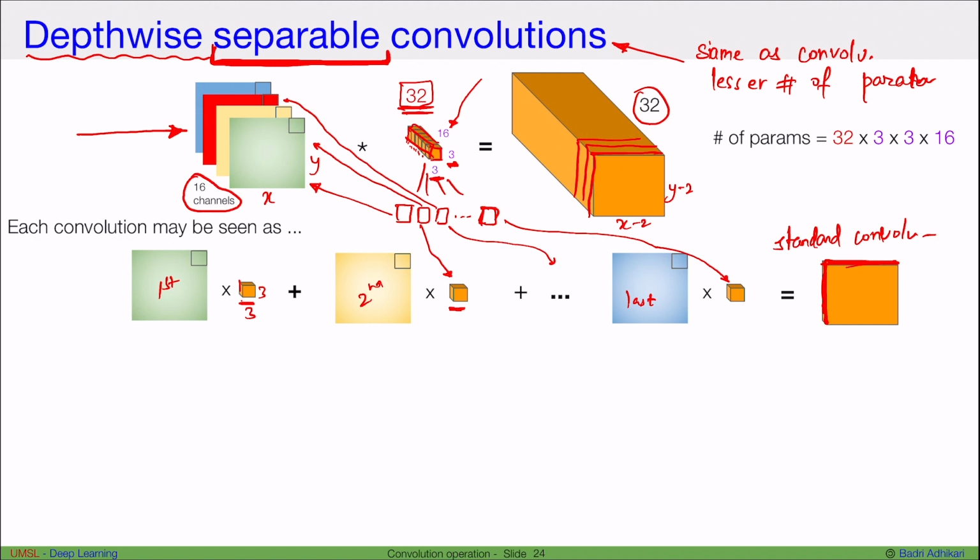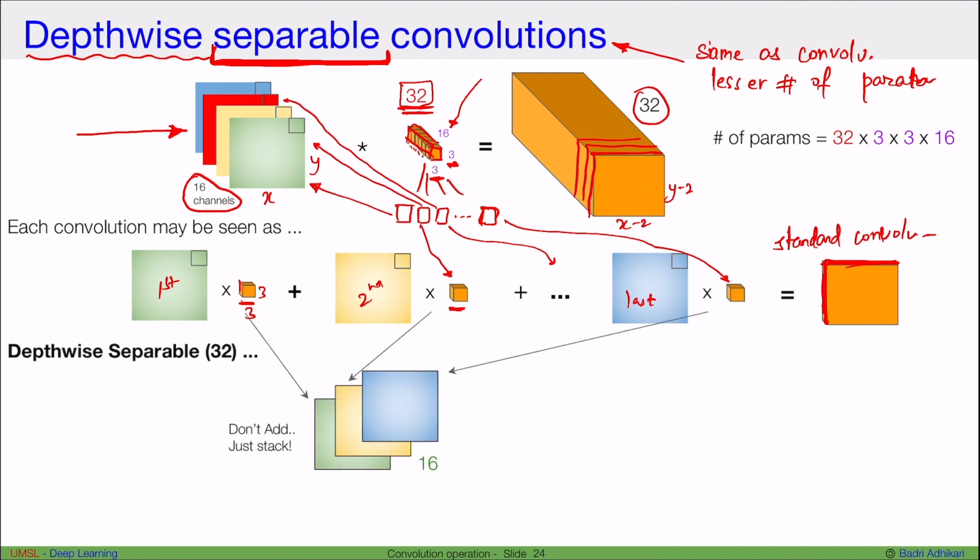Now the trick behind depth-wise separable convolution is that we don't add these. We multiply the first channel with my first 3x3 filter, we multiply my second channel with my second 3x3 filter, and so on.